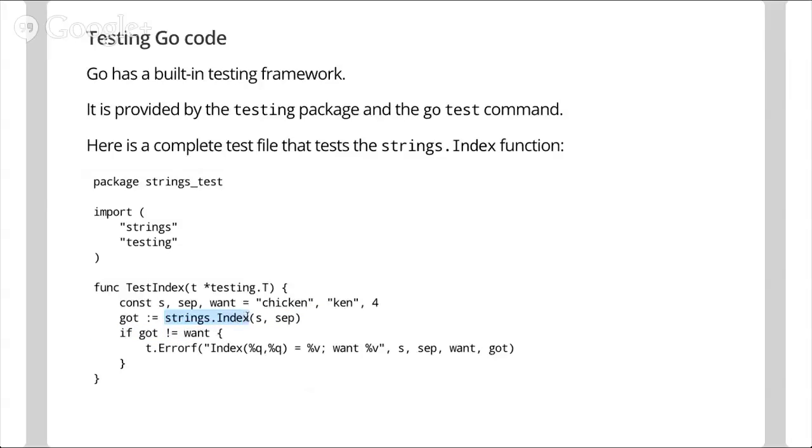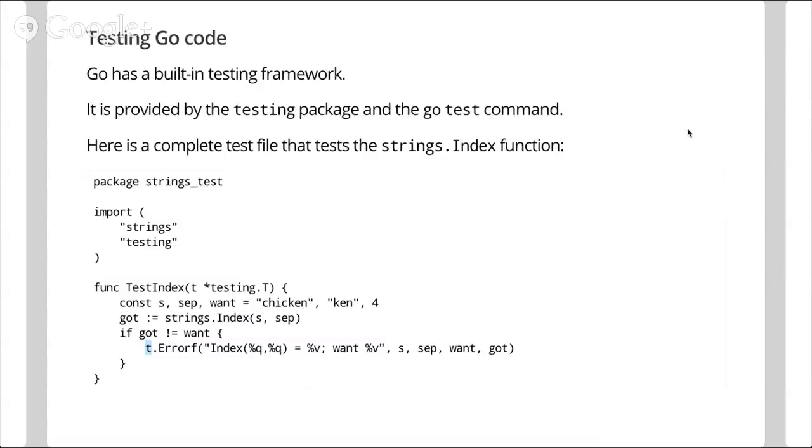The test just calls the function strings.Index, passing in the string and the substring, and then you get the result in the got variable, compare it with the value that you wanted, and use the T argument to report an error if it doesn't match.